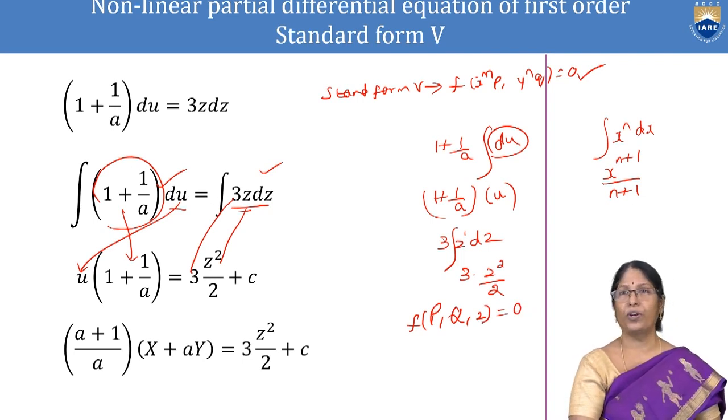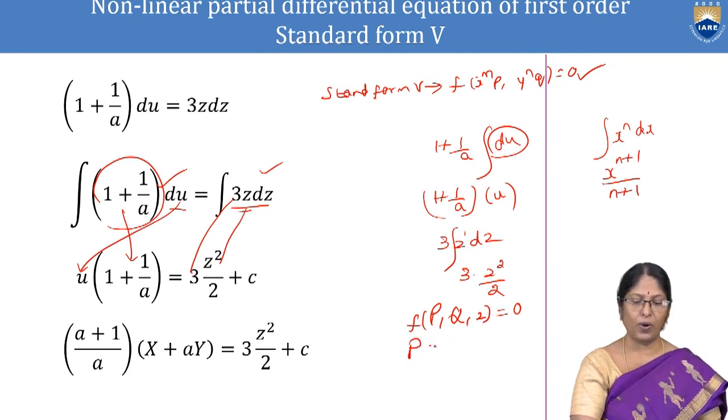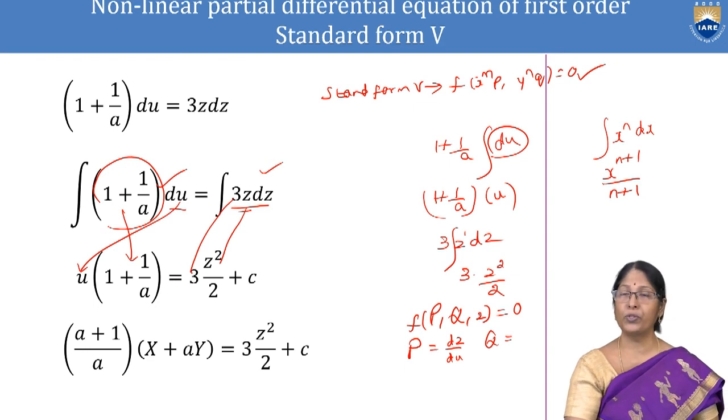According to standard form 2, we have to take P equal to dz by du and Q equal to a dz by du, assuming P and Q some terms, and after substituting we have to do the integration.